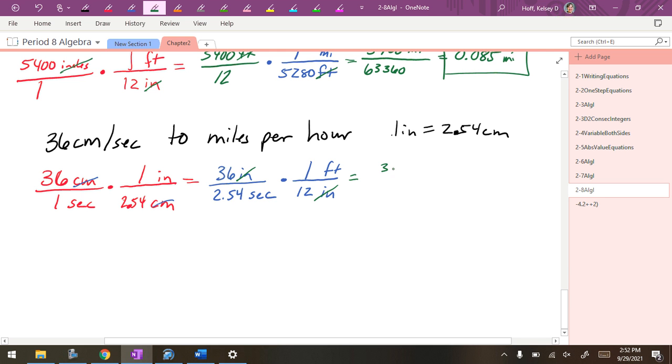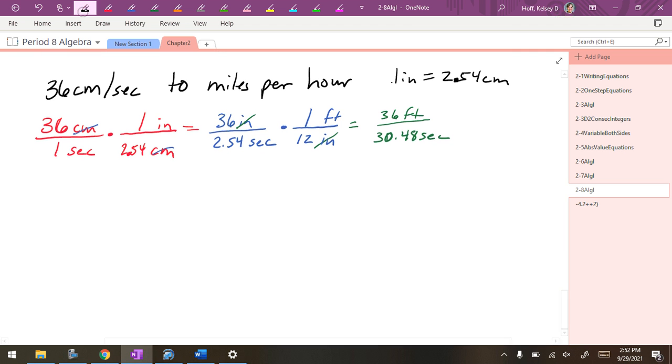For the bottom, 36 feet over 30.48. And your label? Seconds. Okay, I'm going to rewrite that so that I don't lose it. 36 feet over 30.48 seconds.